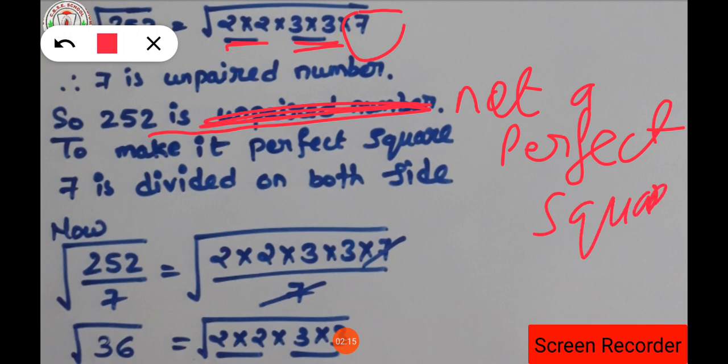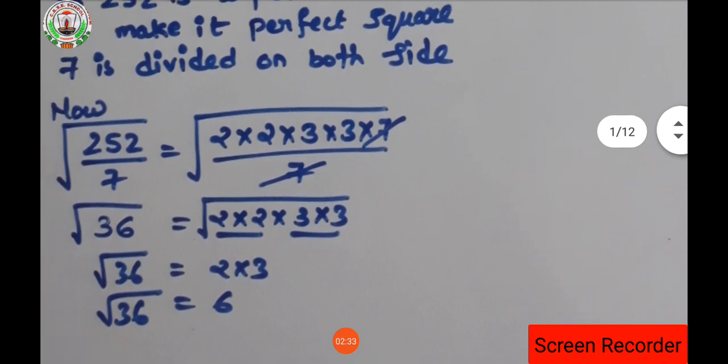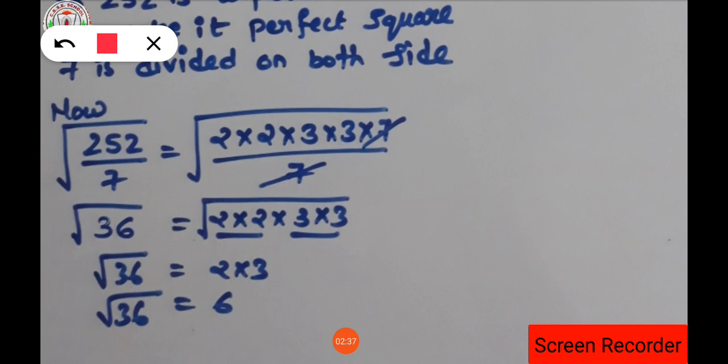Then, if it is not a perfect square, we have to convert it into a perfect square, isn't it? So how to convert it into a perfect square? For that, what do we have to do? We have to divide by 7 on both sides.